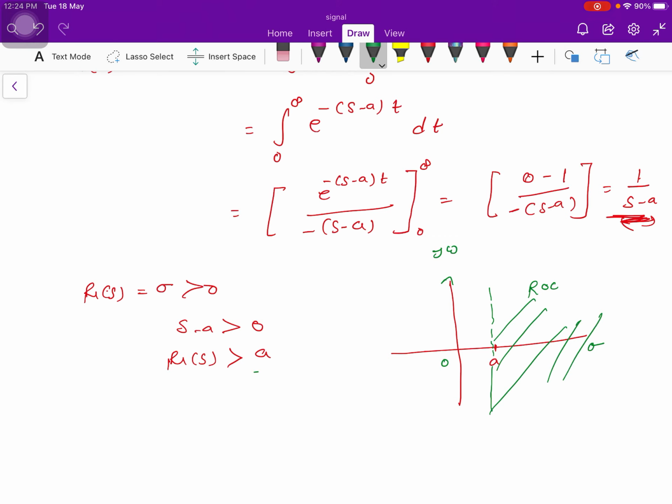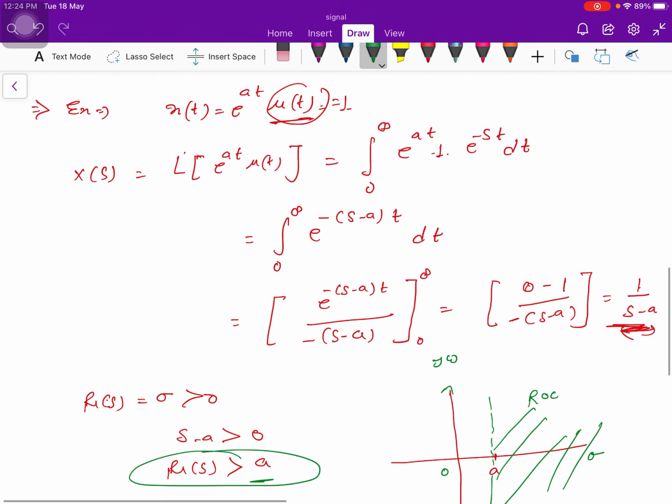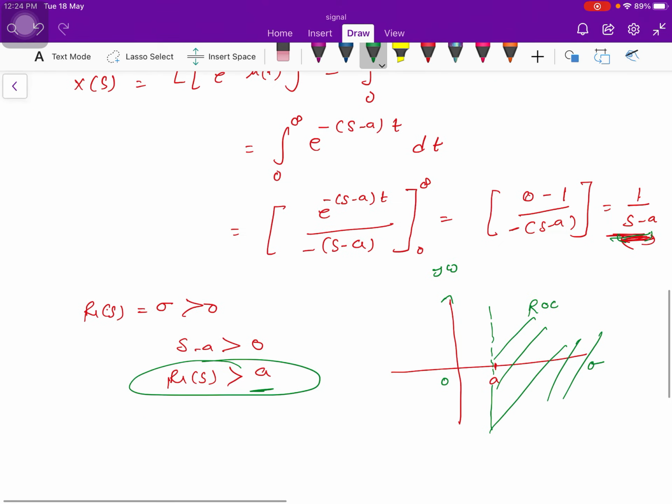The value should be greater than a. So, from here the real part of s minus a is greater than 0, or from here you can calculate that the real part of s is greater than a. So, the Laplace transform of e^(at) u(t) is 1 upon s minus a, and this ROC is the real part of s greater than a.